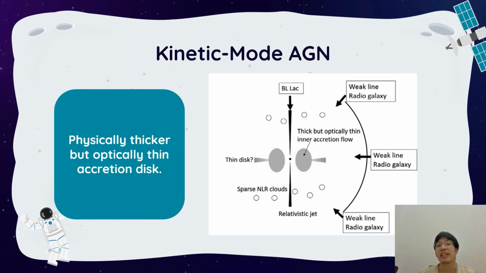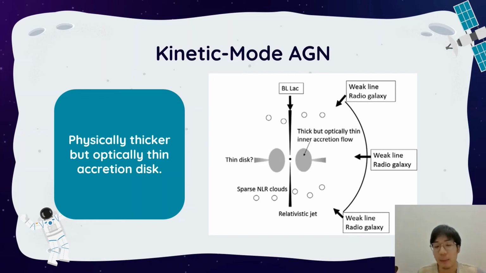Second, we have the kinetic mode AGN. Kinetic mode AGN has a physically thicker but optically thin accretion disk. You might wonder why the accretion disk is thicker in this kinetic mode AGN. It is because the accretion rate in the kinetic mode AGN is much slower than in the radiative mode AGN, so it cannot maintain a flat accretion disk because it doesn't move very fast.